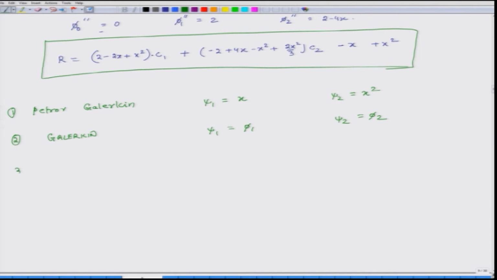Then in the third case, I use the least squares approach. I use the method of least squares, and in this method, psi 1 equals partial of r with respect to C1.